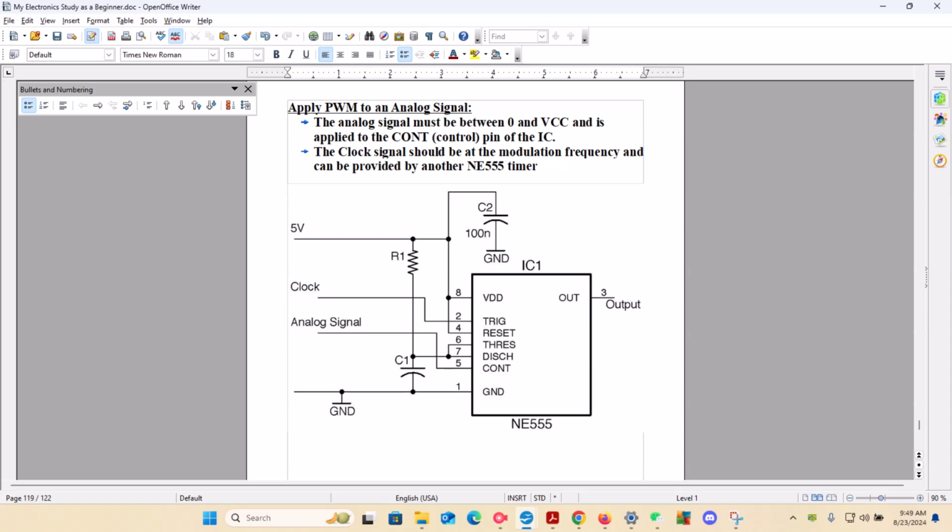For each one of those things, we have a pin, as you can see, for the trig, the reset, thresh, dish, and cont, or the control part of the chip. We have the signal going through to each pin, which does a specific thing.